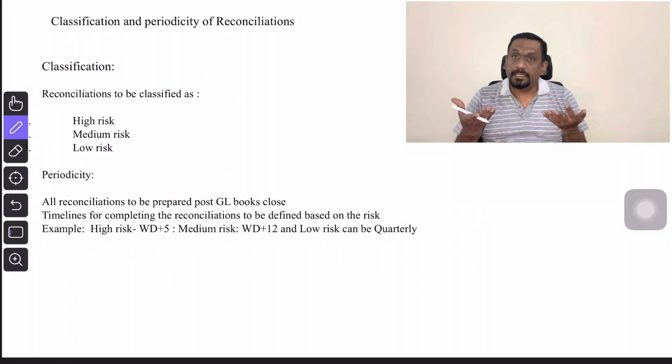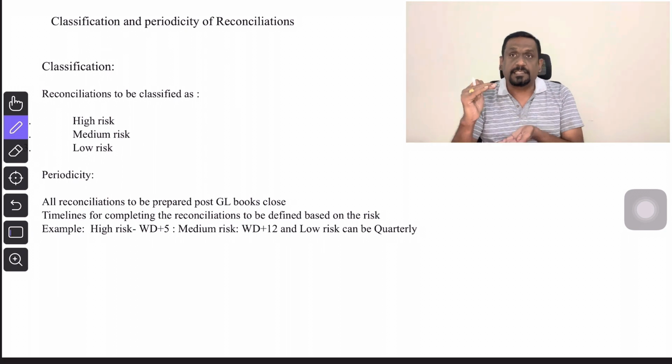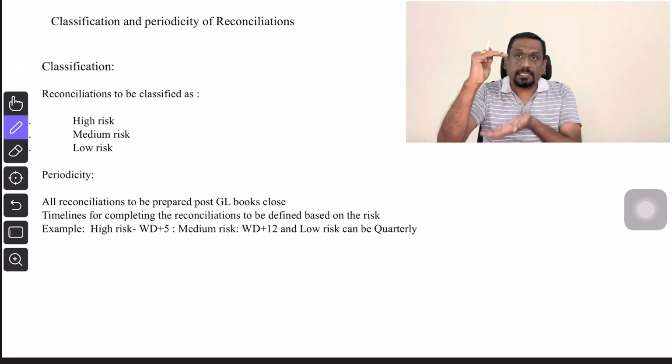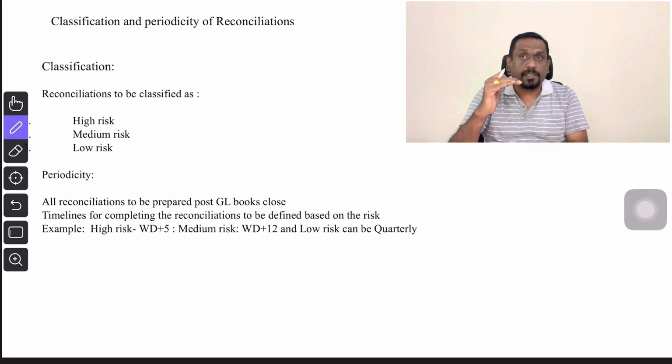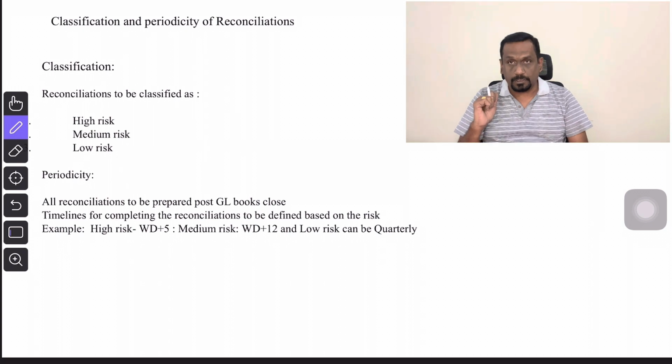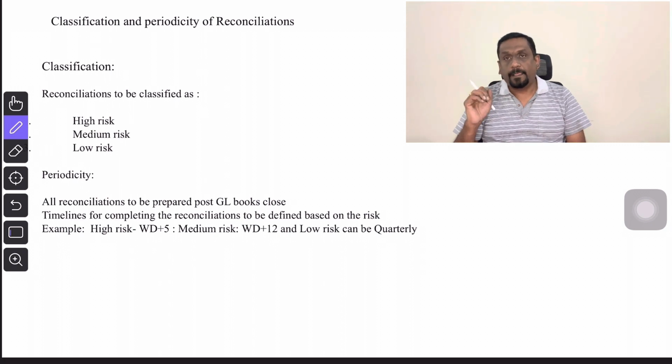They will review the process and decide, okay, for the next 3 months or next 6 months, these accounts I am classifying as high risk. For the next 6 months, these accounts I am classifying as medium risk. These accounts I am classifying as low risk. They will decide and tell us which accounts are to be classified as high, medium and low.